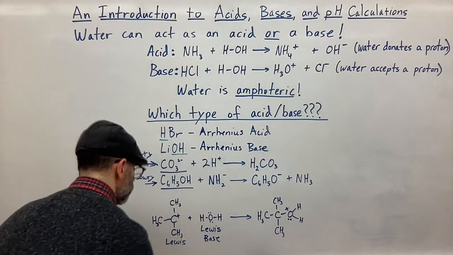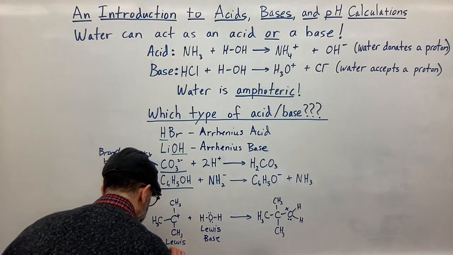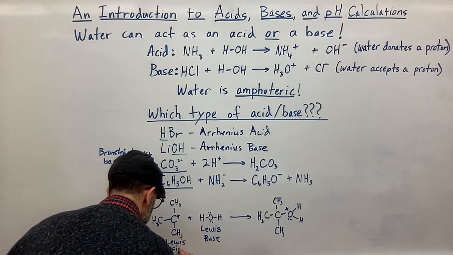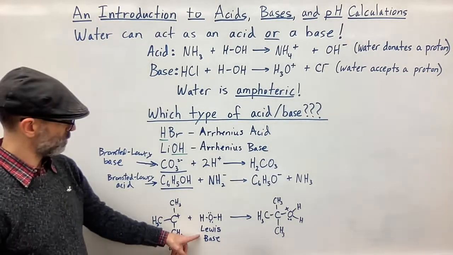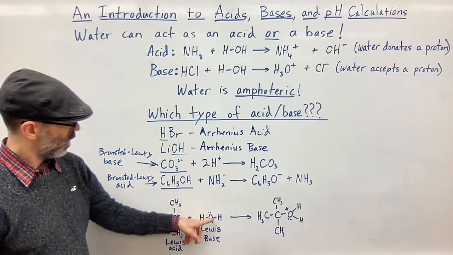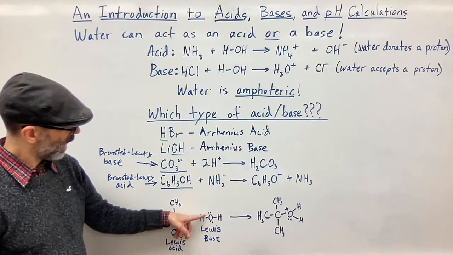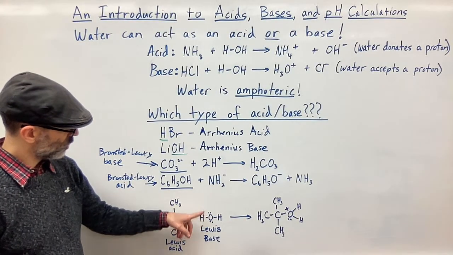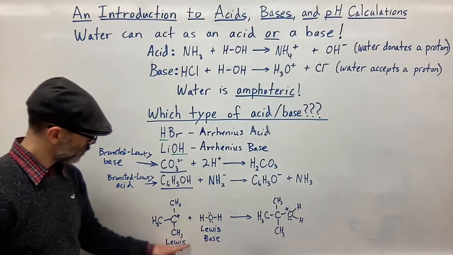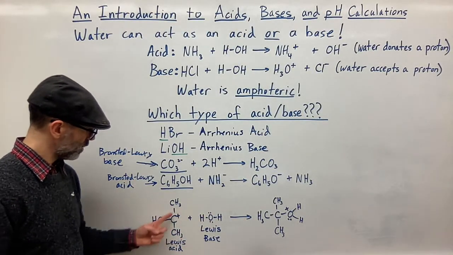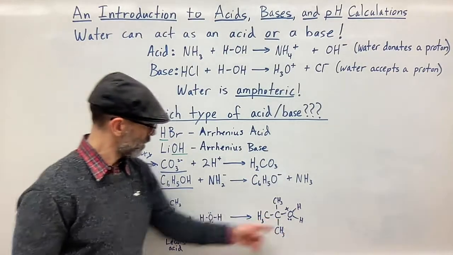So water is our Lewis base, and this is going to be our Lewis acid. There we go. So the Lewis base is your electron pair donor. So it's going to donate the electron pair, and then your Lewis acid is going to accept the electron pair, and that forms the bond.